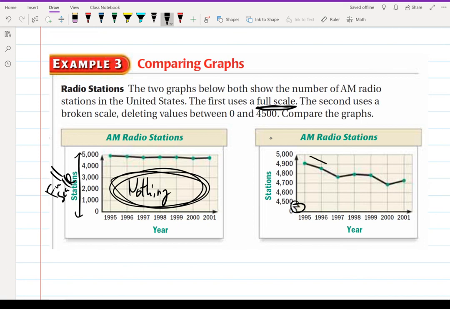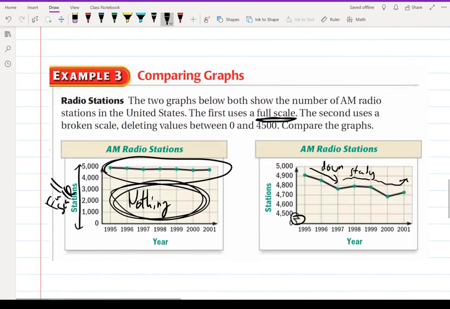You can see that it's kind of going down here, and then it's kind of steady, and then it does its patterns. So you can see more trend, it's more clear. Whereas on the left side, it looks like there's nothing happening. Everything is steady.